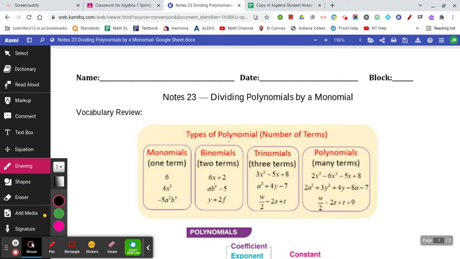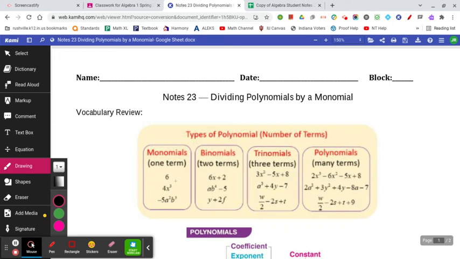Polynomials. If we have just one term, the prefix for that being mono, meaning one, that is a monomial, a polynomial of one term. Some examples include 6, 4x to the third power, negative 5 to the second, b to the third power.